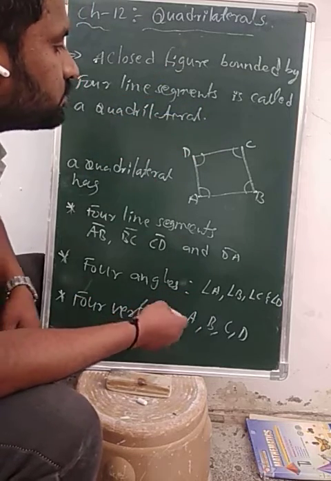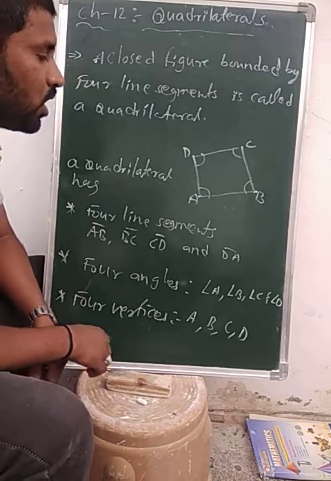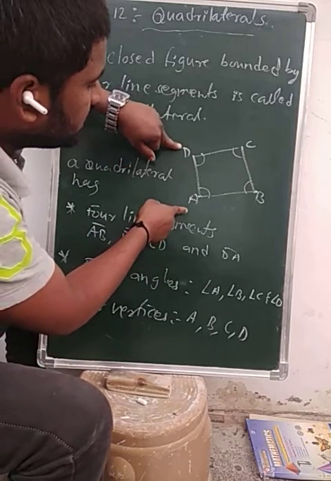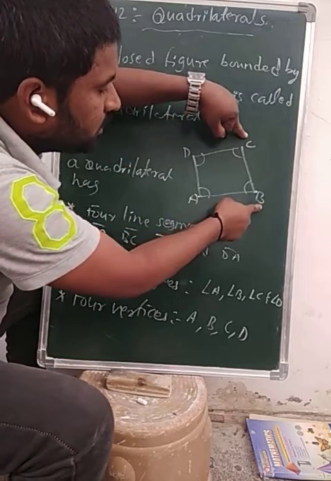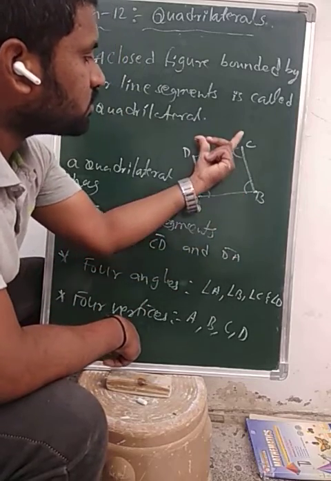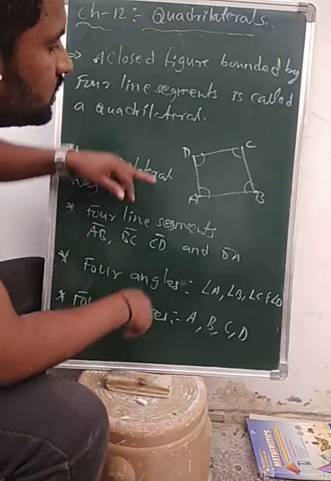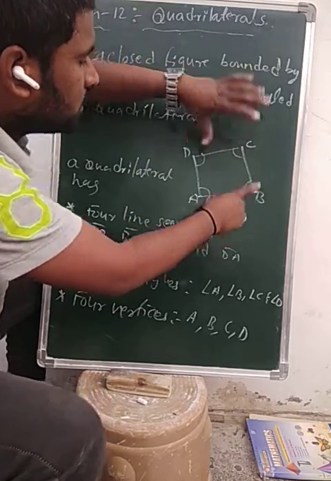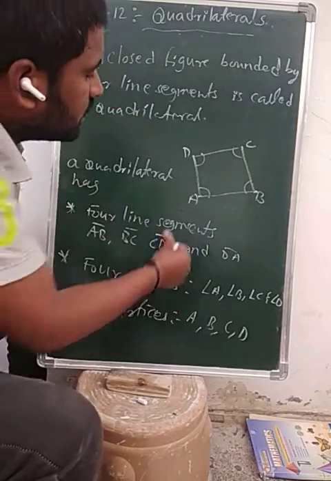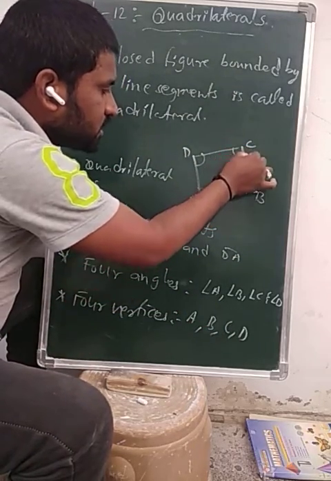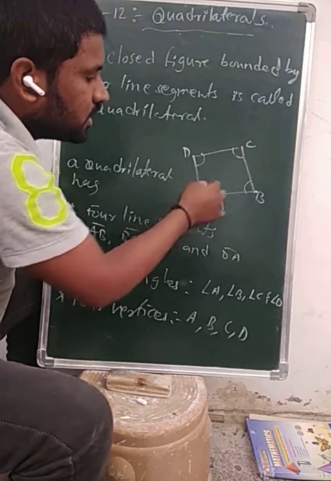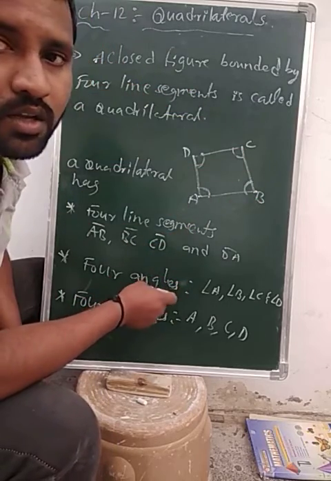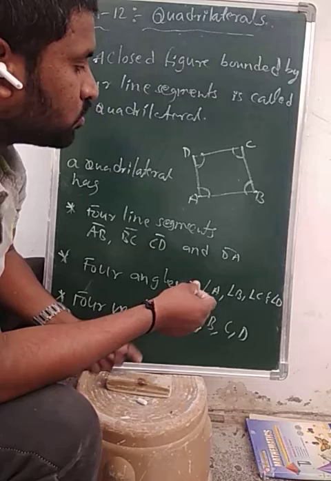Now in the same manner, opposite sides, the non-adjacent sides, what are they? DA is opposite to BC and the side AB is opposite to CD. Is it clear? Opposite angles: angle A is opposite to angle C, these two are opposite angles, and angle D is opposite to angle B. And adjacent angles also, what are they?